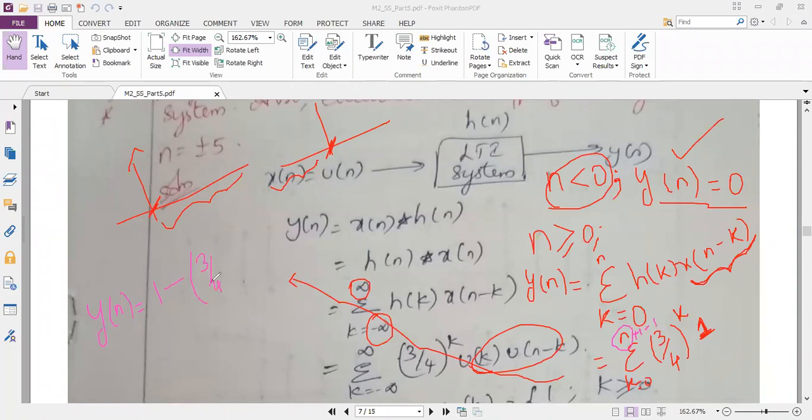In place of n, I have n plus 1, the whole divided by 1 minus alpha, 1 minus 3 by 4. If you simplify, 4 minus 3 by 4 is 1 by 4, or you can just leave it as it is. This is your answer. Any doubts in this?